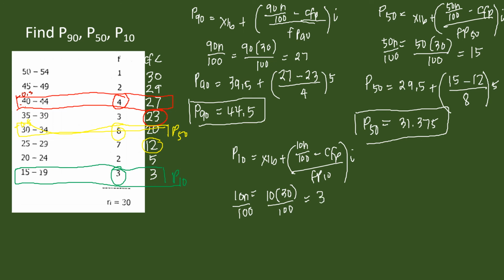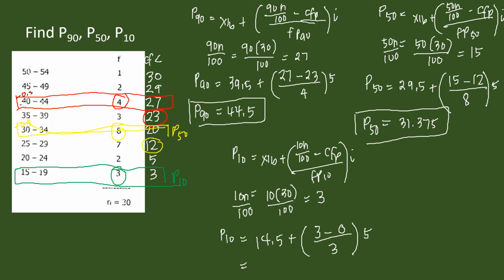So let us substitute. P10 is equal to 15 minus 0.5 for the lower boundary, 14.5, plus 3 minus 0, because there's no other frequency or class interval before 3, divided by 3 for the frequency, times 5.